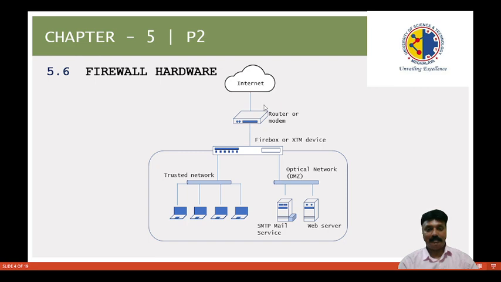From the internet, the router or modem will get the connection, and again we need to connect with the firebox or XTM device. This is a firewall hardware device, the firebox or XTM device.